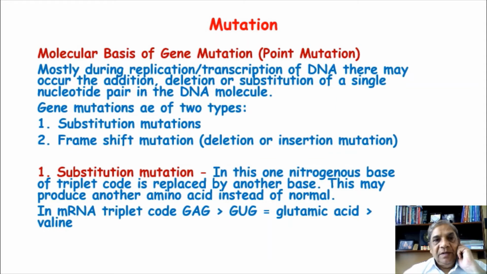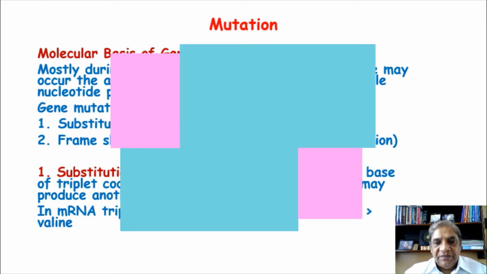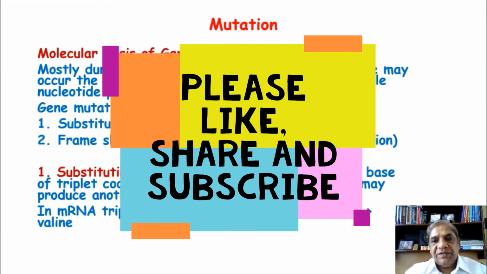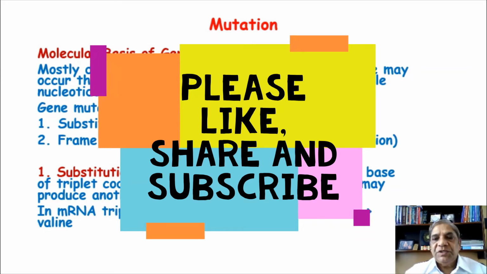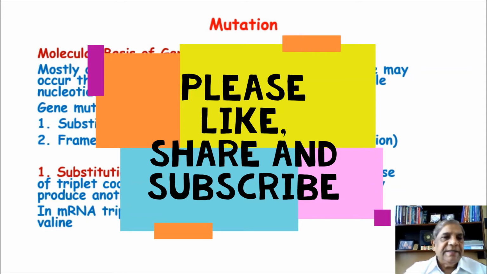Now, what is the molecular basis, where within the gene is this change actually taking place, that we will now learn. First we learned the different types of mutation in a gene. Now we will learn the molecular basis of gene mutation, or the point mutation. We are on the gene, mostly during replication and transcription of the DNA.